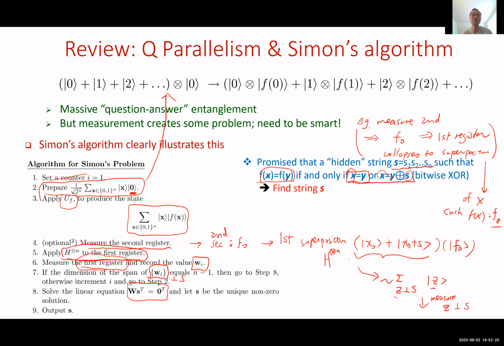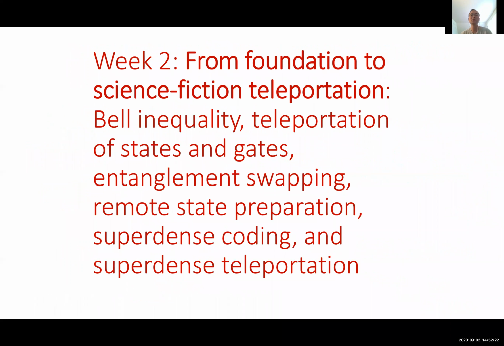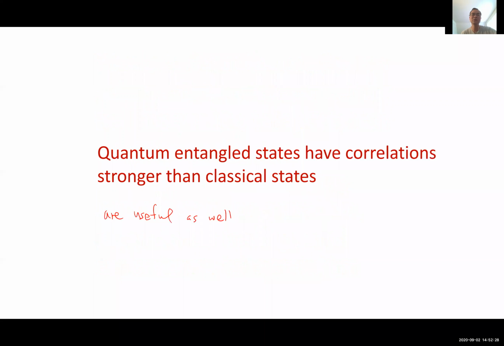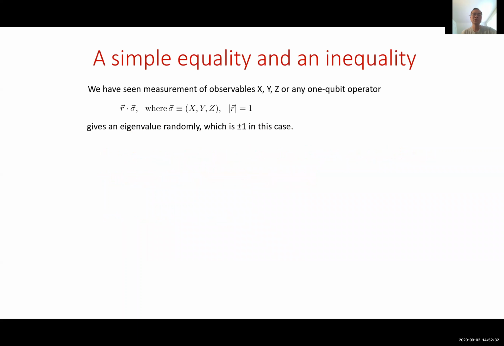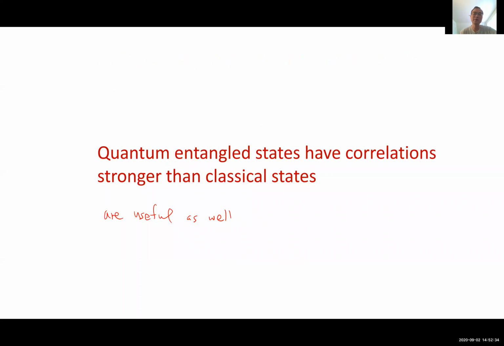Okay. Yeah, so last time I started the material of the second week, so I'm going to start it again. The point is that quantum entangled states have correlations stronger than classical states, as you will see from the so-called Bell inequality.